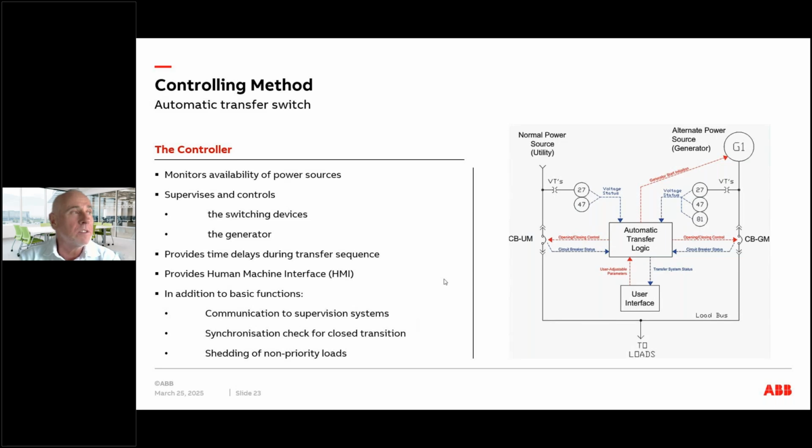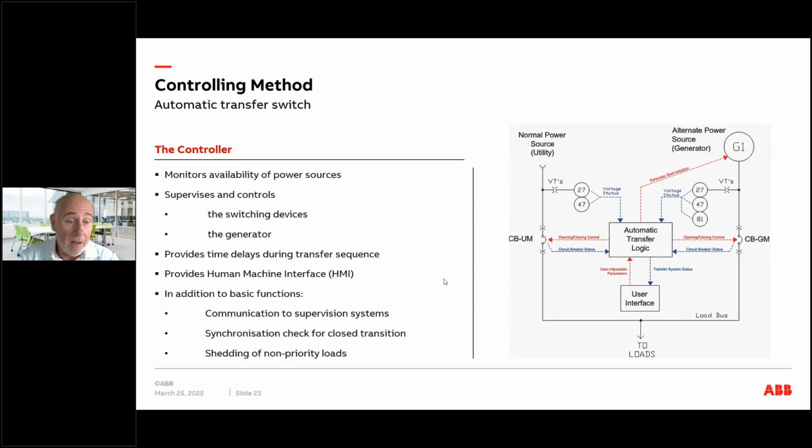Now, it obviously depends on the resilience of the supply. There could be areas where, unless the supply is on for a long time, you don't want to switch back, because you'll be flip-flopping back and forth. So it's user configurable on the switch back time, but all this is controlled by the controller.